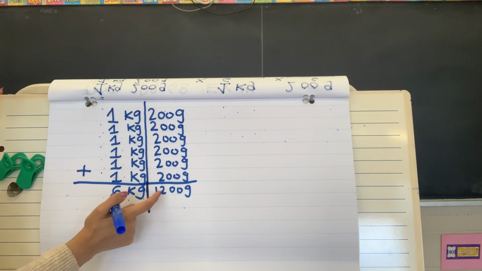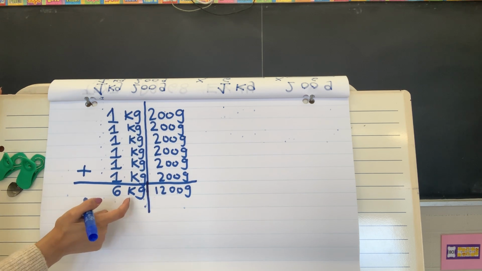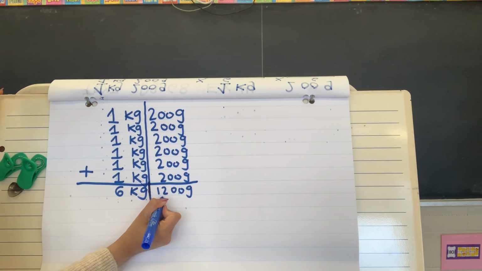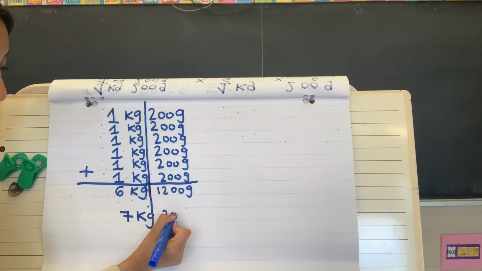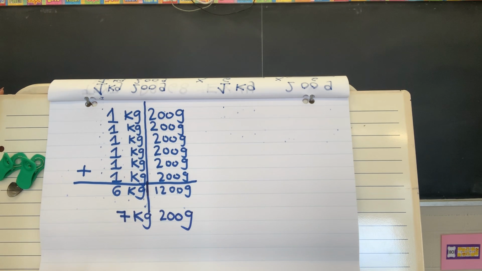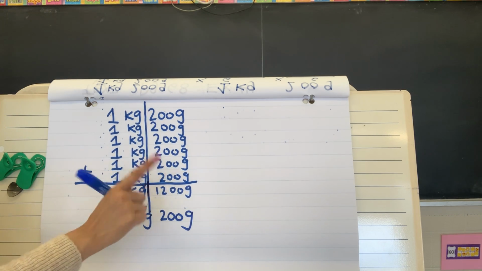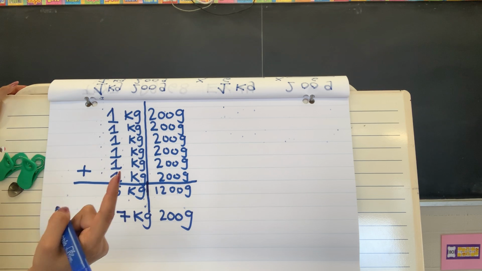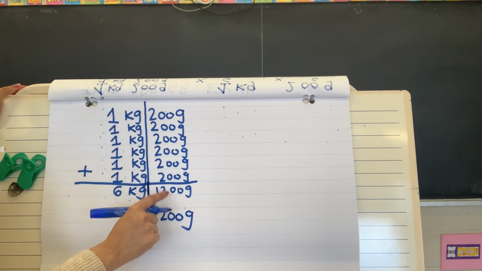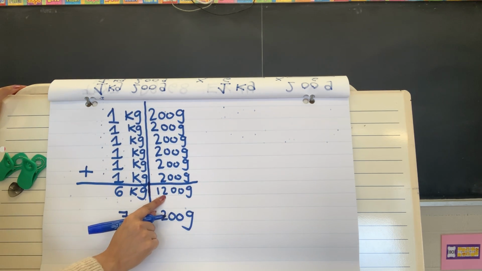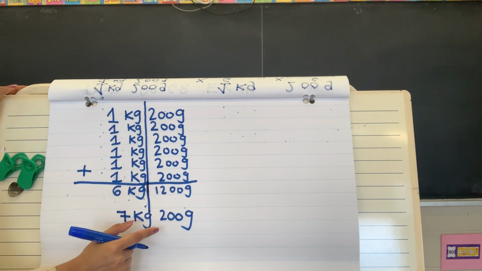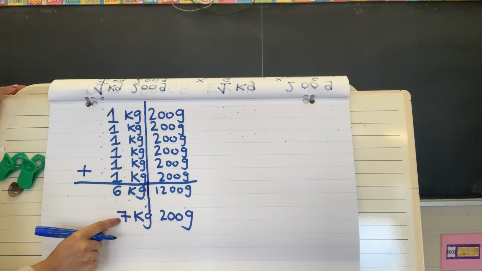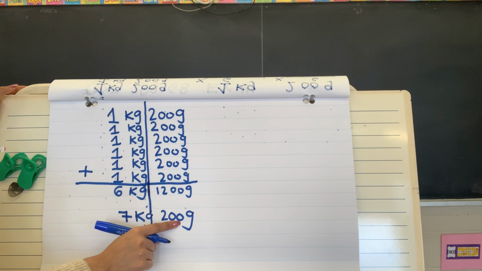So that means my kilograms would change and I would have 7 kg and 200 grams. Because in 1200, I still have 1 kg. 1 kg is made up of 1000 grams. So I took out 1000 from my grams column, which is 1 kg, and I added it to here, which means I have 7 kilograms and 200 grams.